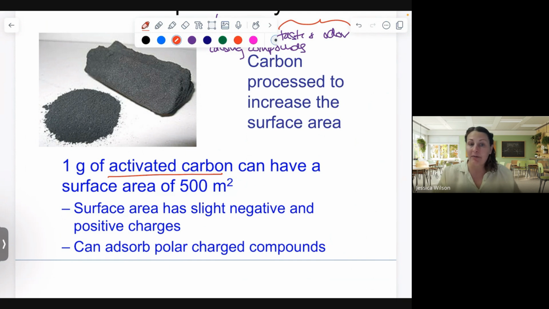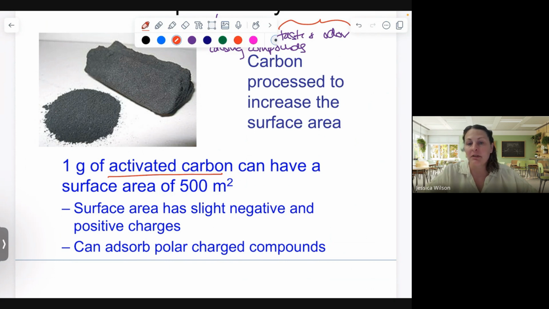So 1 gram of activated carbon, a gram is like a paperclip weight, can have a surface area of 500 square meters. So if it has a very large surface area, there's a lot of places or points on the carbon for these taste and odor compounds to stick to it. So they adsorb to the surface. The surface area has slight negative and positive charges, so it can absorb multiple types of contaminants. It can also absorb polar charge compounds.